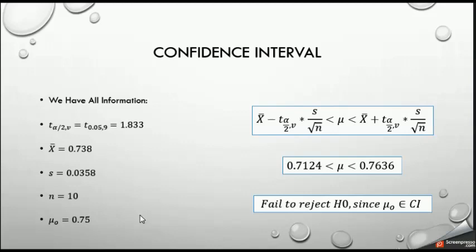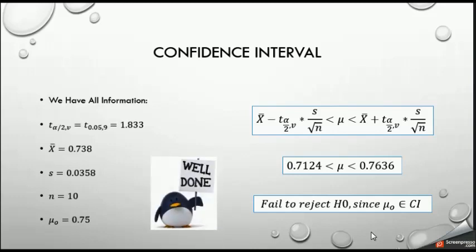So 0.75 actually is included, or lies inside, the confidence interval. So because mu naught lies inside the confidence interval, we are going to fail to reject the null hypothesis, which is the same conclusion as we have found using the test statistic.